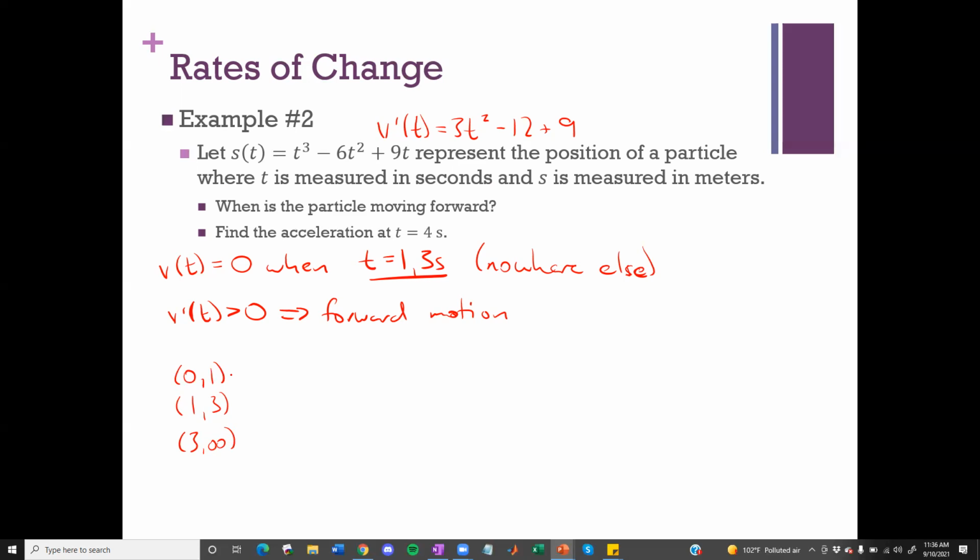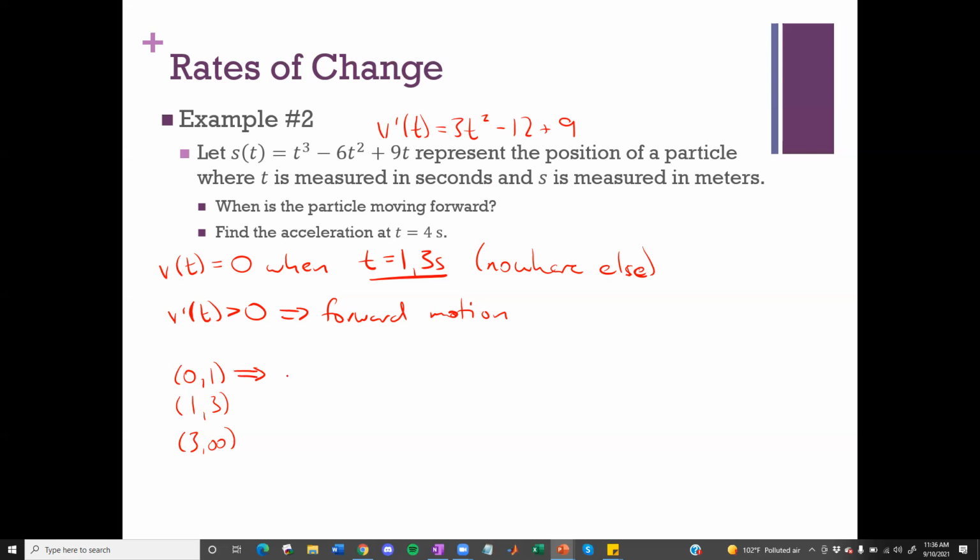The derivative could be positive for negative values of time, but we assume in this situation that negative values of time are meaningless. If t equals 0 is when I begin observing this thing, how do I know what was happening before that? I wasn't even observing. So these are the three intervals I'm looking at.